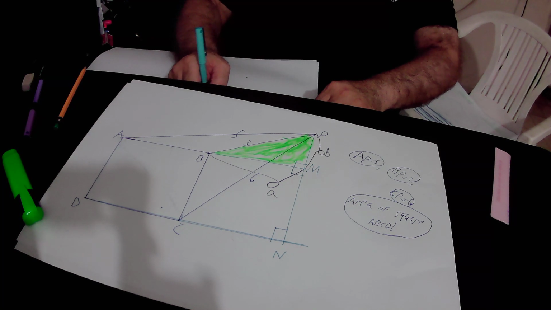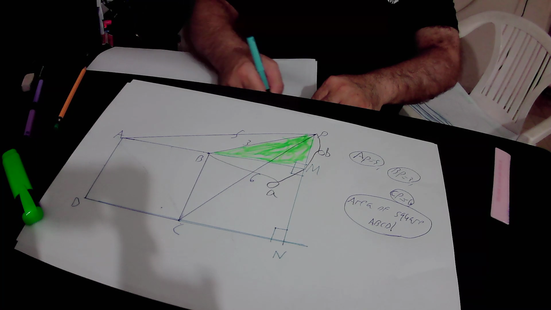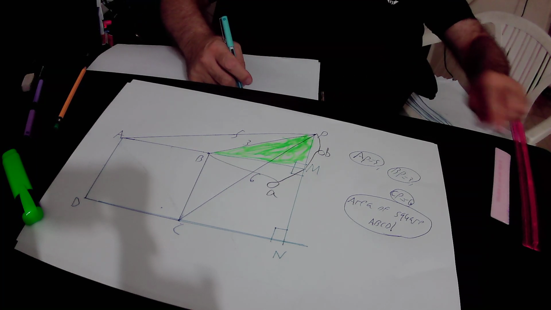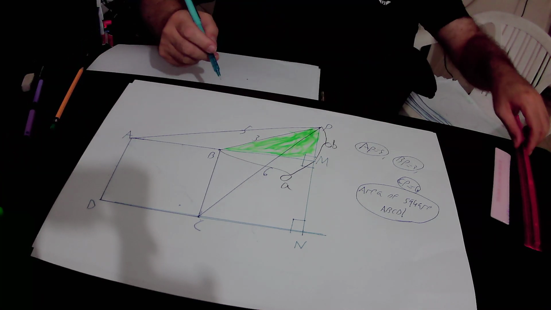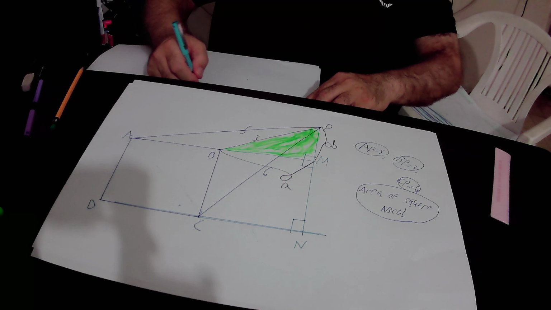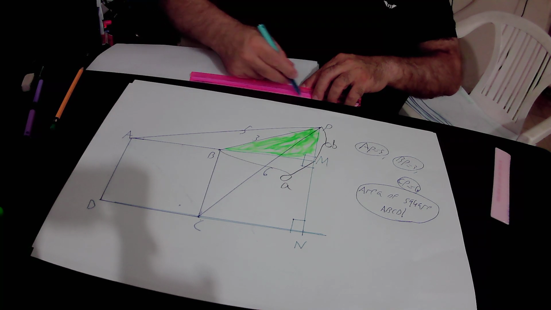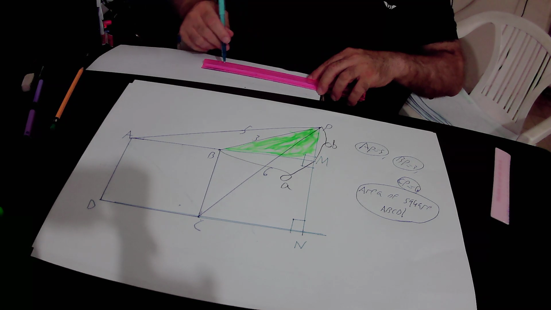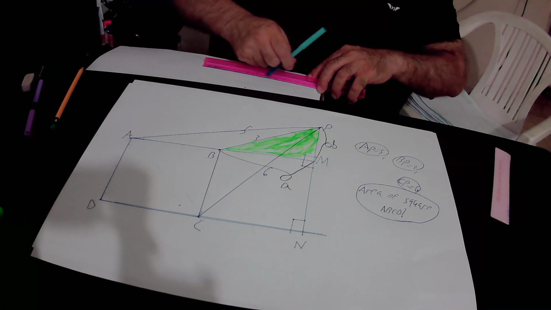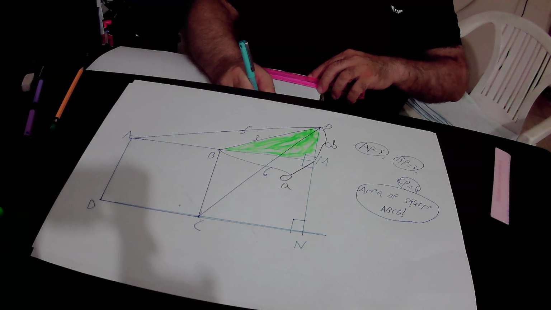The square of the hypotenuse equals the sum of the squares of the perpendiculars. The hypotenuse of the green right triangle PMB is PB. And therefore the square of the hypotenuse is PB squared, and it must be equal to the sum of the squares of the perpendiculars.